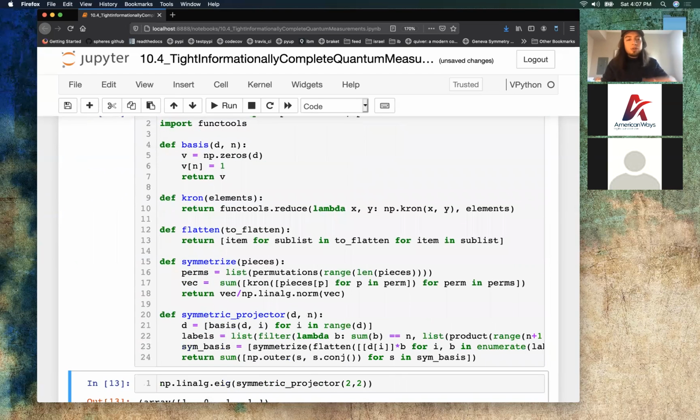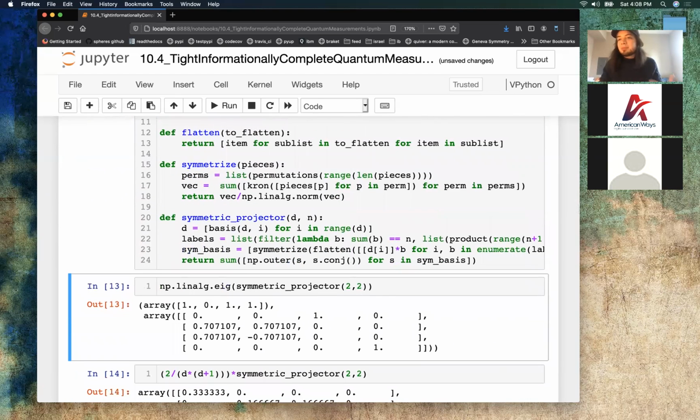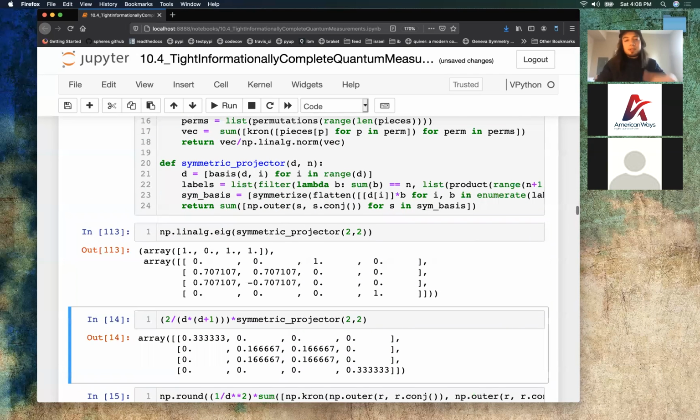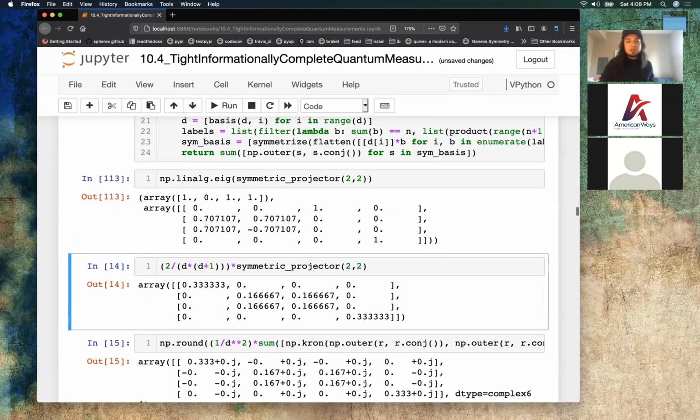So this is some code which creates a projector onto a symmetric subspace. For example, the classic case, which we should all be familiar with, is that we're going to work mainly throughout in 2 dimensions. So here we look at the eigenvalues and eigenvectors of the symmetric projector, and what do we find?